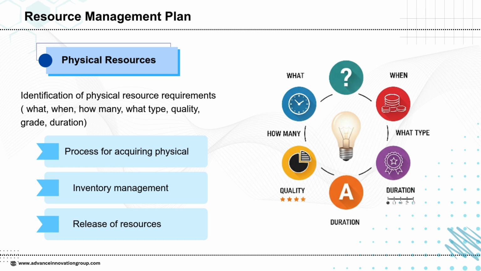Finally, it defines the release of resources, which means returning, offboarding, or reallocating physical resources once they are no longer required for the project. This structured approach ensures resources are always available when needed, used efficiently during the project, and released in a planned way to optimize costs.